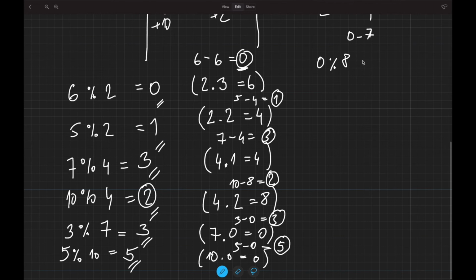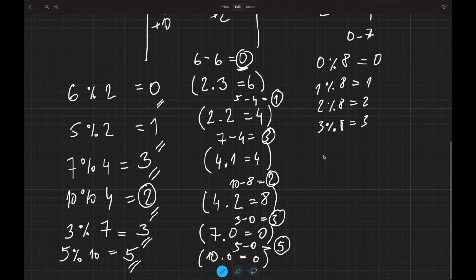So 0 modulo 8 is 0, 1 modulo 8 is 1, 2 modulo 8 is 2, 3 modulo 8 is 3.